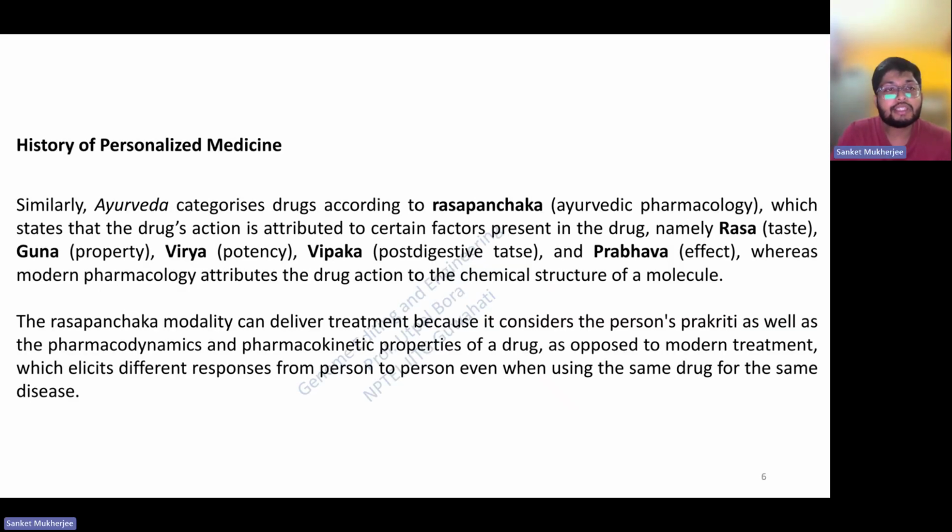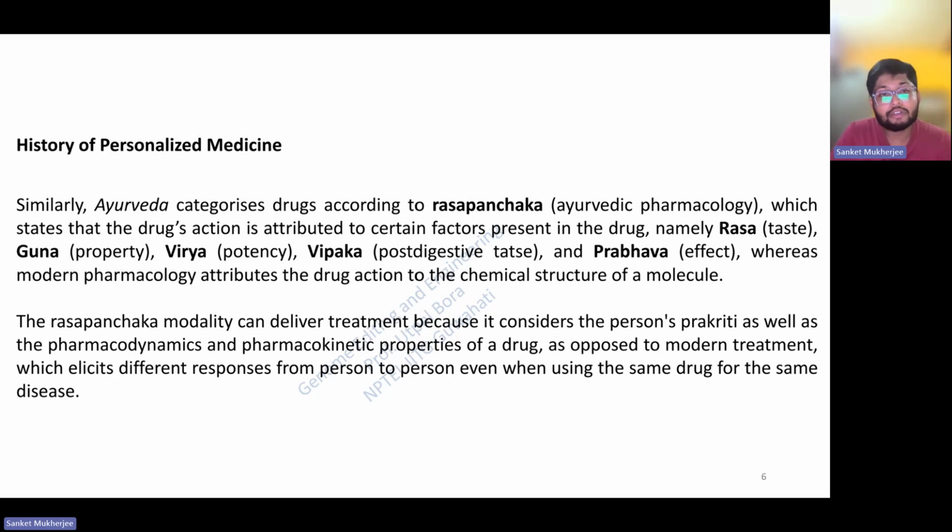So if we talk about the history, Ayurveda categorizes drugs according to Ras Panchaka, Ayurvedic pharmacology, which states that the drug's action is attributed to certain factors present in the drug, namely the ras or the taste, gun or property, virya or potency, vipaka or post-digestive taste, and prabhav, that is effect.